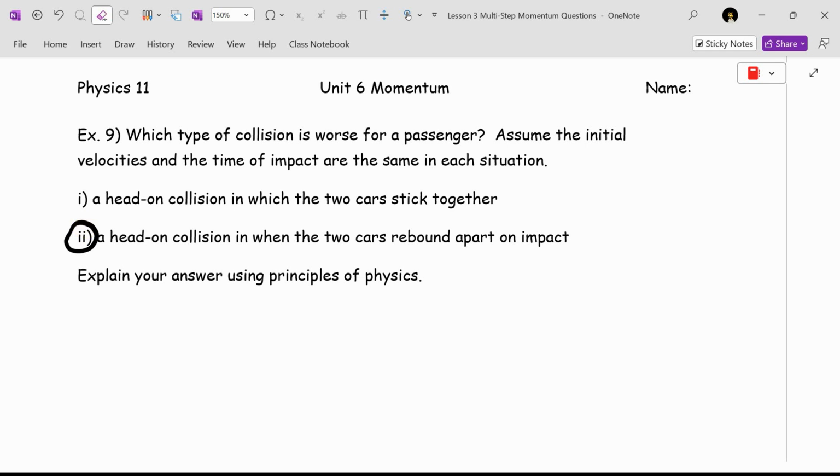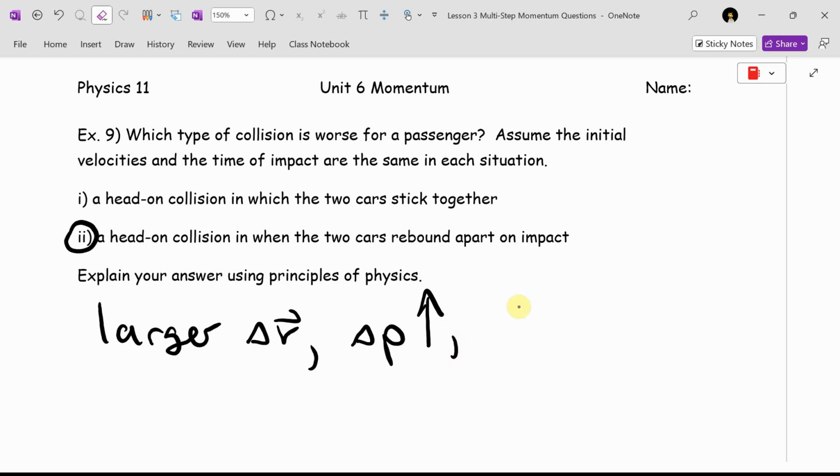Why? You'll have a larger delta V, which means the change in momentum goes up. The impulse goes up, which means the force goes up.